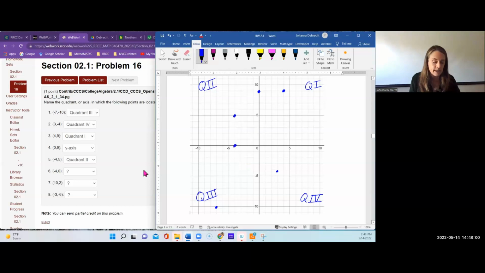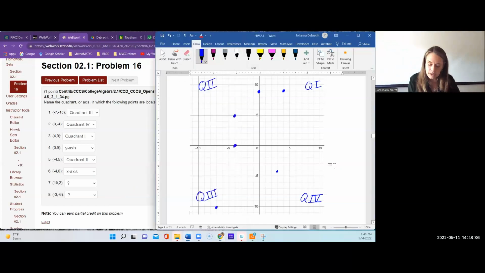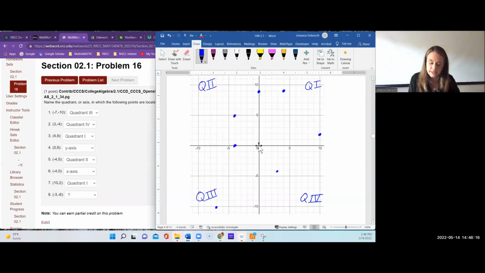That will put it on the x-axis. 10, 2. That means go right 10, up 2, and that puts it into quadrant 1. -3, -6, left 3, down 6. That puts it here in quadrant 3.